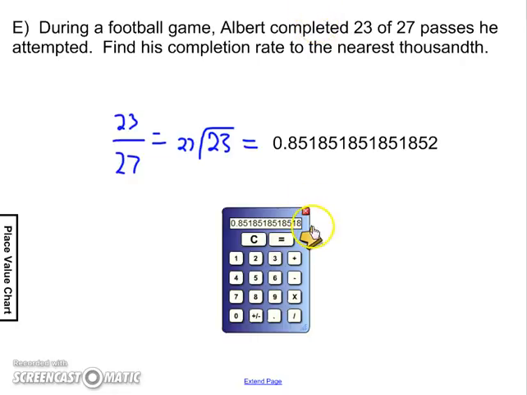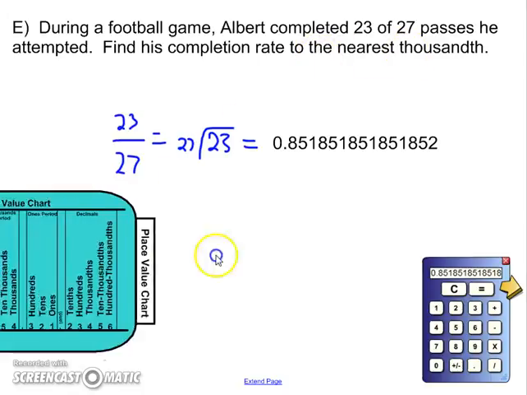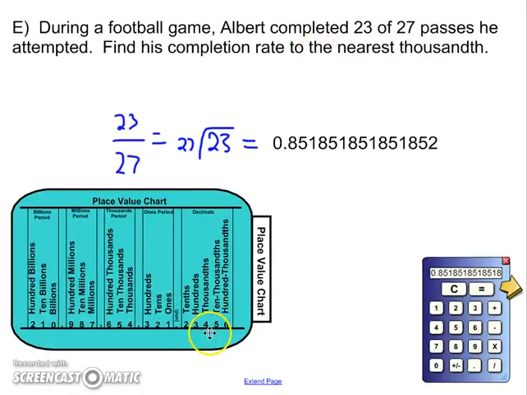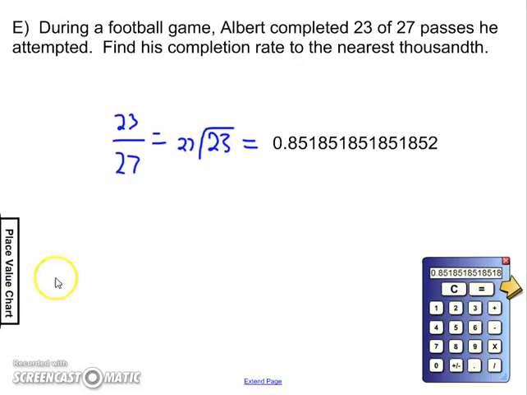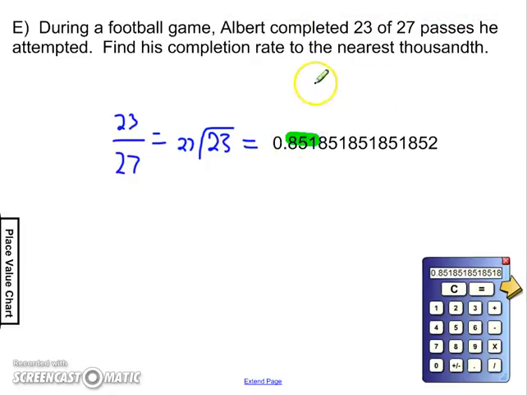All right, let me get this out of the way. We are going to the nearest thousandth. If I look at my place value chart, if I don't know this off the top of my head, which I hope I do, tenths, hundredths, thousandths is 3 decimal places. So I need to go 3 decimal places. I'm going to round right there, 851.